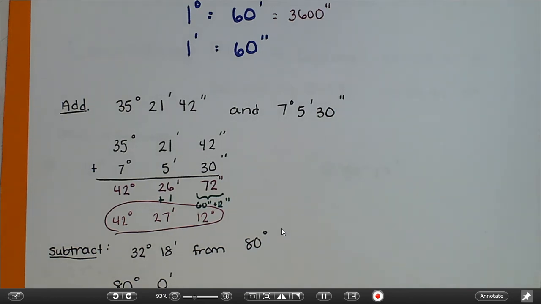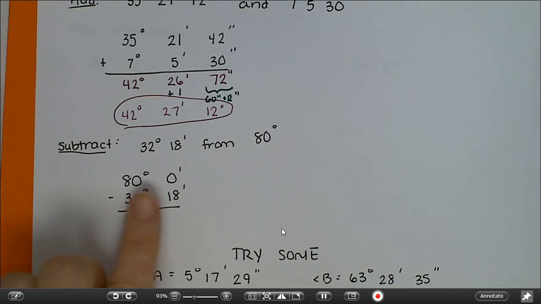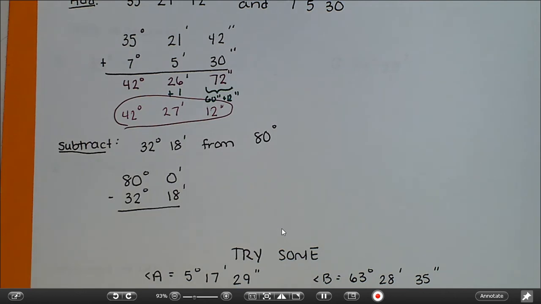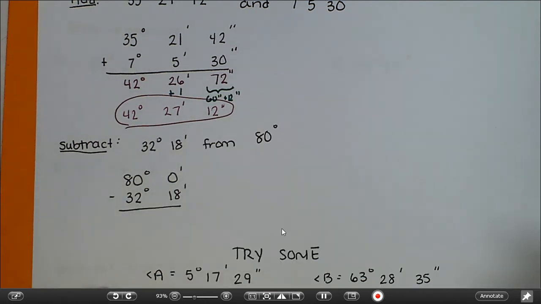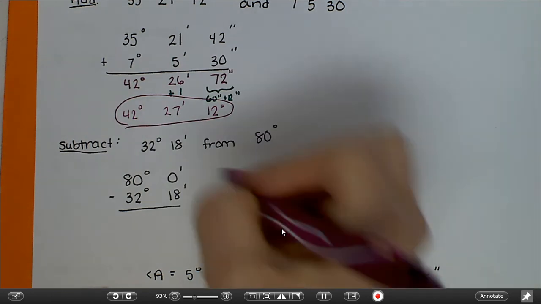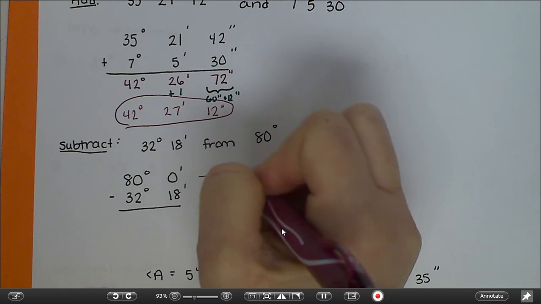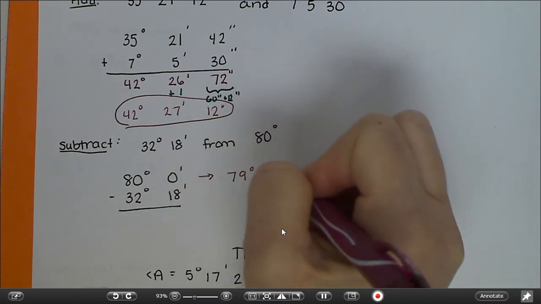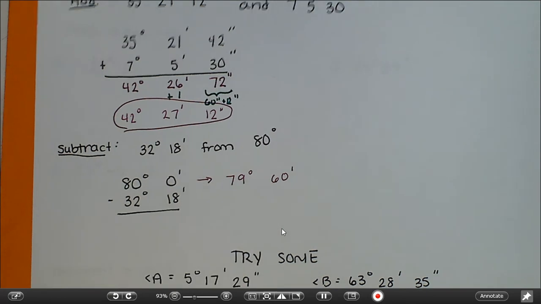All right. Next, we're going to subtract. Subtracting is fairly simple, except for in this case. So I want to show you how that would work. We can't subtract 18 from 0. We're not going to end up with negative measurements. So we can change 80 degrees to 79 degrees and 60 minutes, right? That still is the same as 80 degrees.